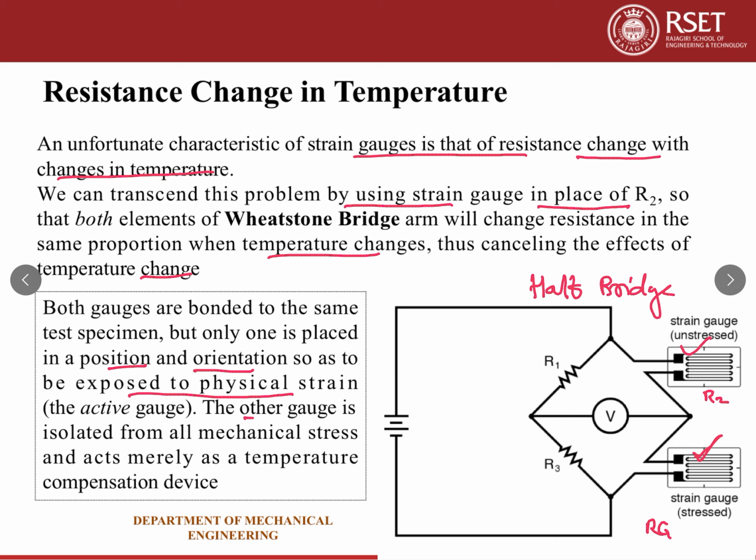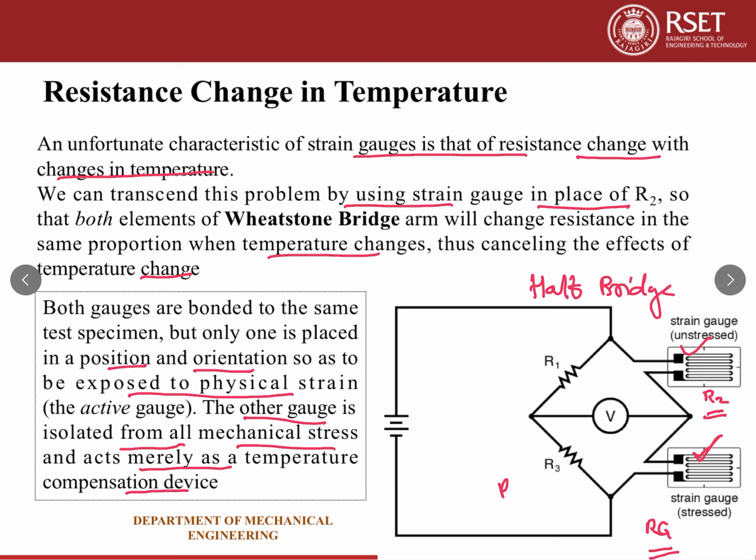So the other gauge is isolated from all mechanical stress and acts merely as a temperature compensation device, because when the temperature of the environment changes, the temperature of the body changes, along with the change in the resistance of the strain gauge Rg which is coupled to the body. The resistance of R2 also changes with that temperature.